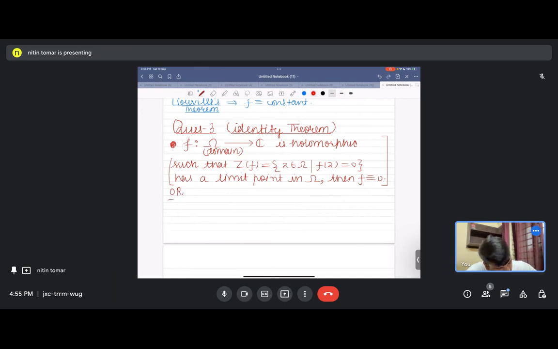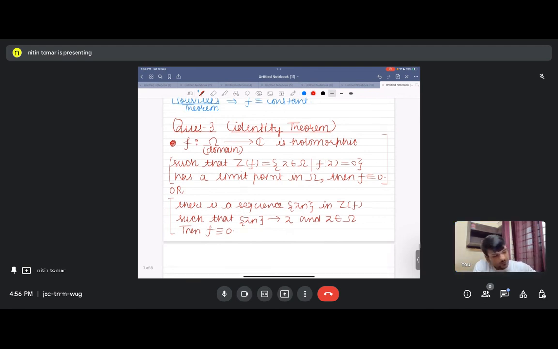There is a sequence z_n in the zero set of f, Z of f, which we defined above, which means f of z_n is zero, such that z_n converges to z, and this z belongs to omega. It need not belong to the zero set of f. Then f is zero. So is this version more clear?